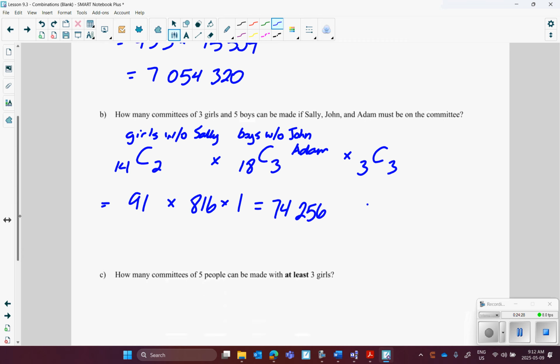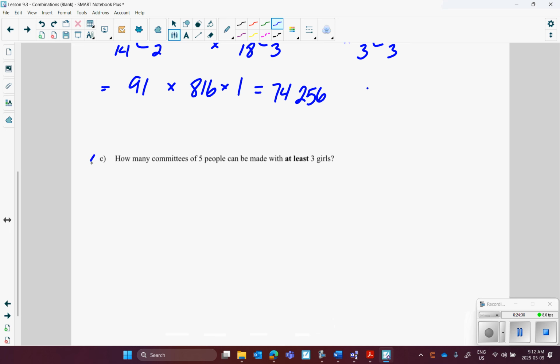Part C. This means something different than it does in stats when we saw the phrase at least. Okay? You guys can't get away from that phrase. So, how many committees of 5 people can be made with at least 3 girls? Well, what are the possibilities of the number of girls on the committee if there has to be at least 3?